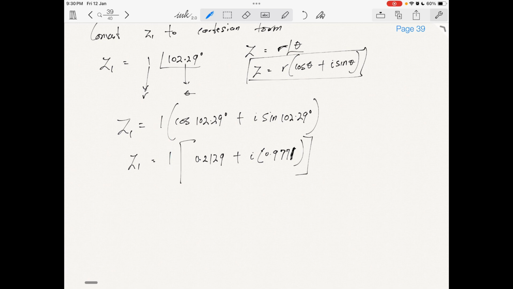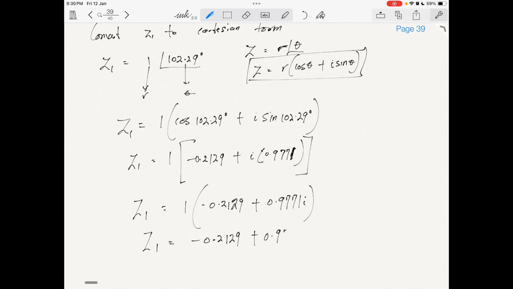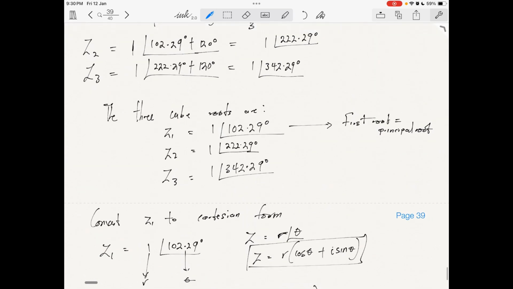So z1 will be equal to 1 into minus 0.2129 plus 0.9771i. So z1, which is the principal root, is minus 0.2129 plus 0.9771i. So this is the principal root as requested in the form a plus bi, and these are the three cube roots requested in the form r argument theta.